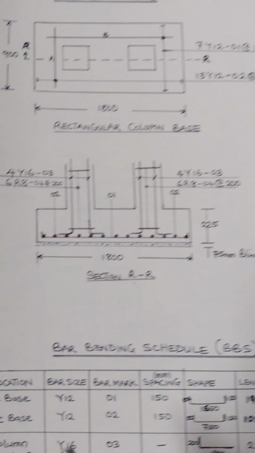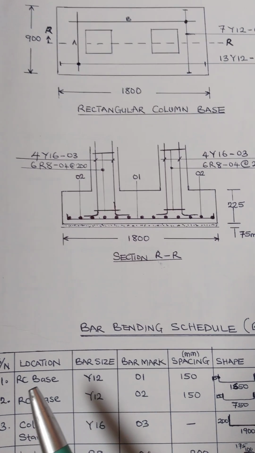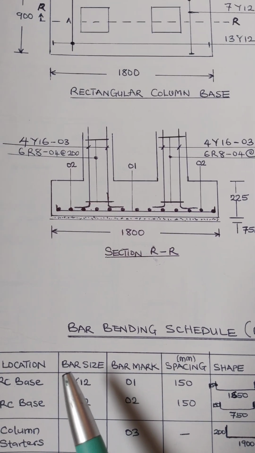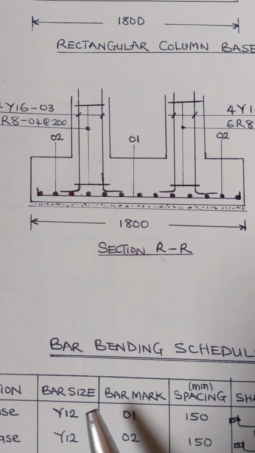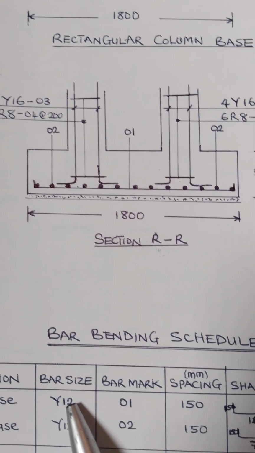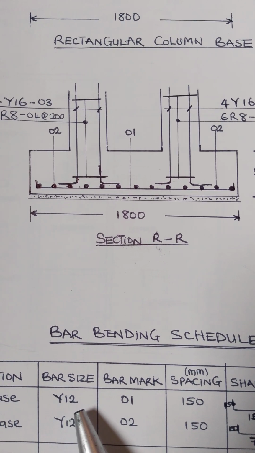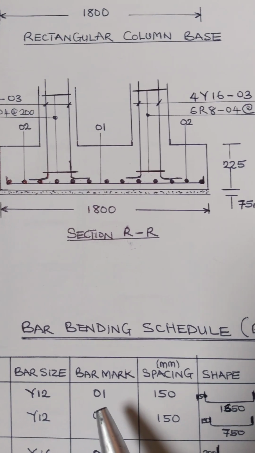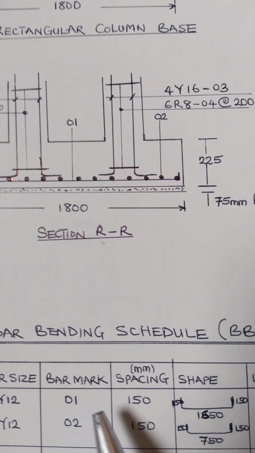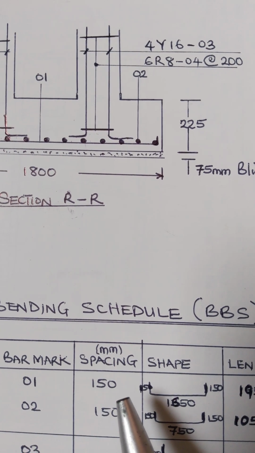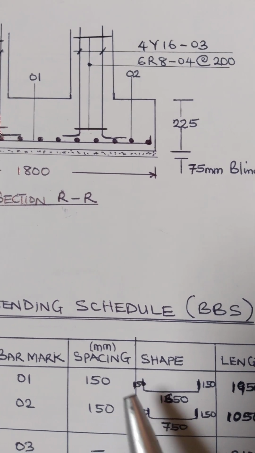So we have it as 1, base Y12, which is the bar size. 12 is 12 millimeters. Then we have the bar mark as 01. We have the spacing as 150.